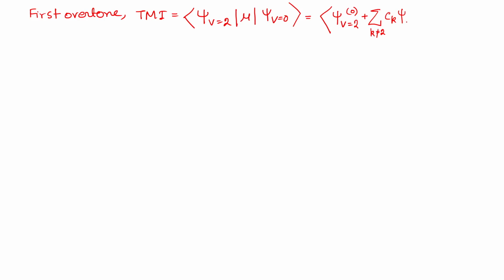Then the transition moment integral is ⟨ψ_v=2| μ |ψ_v=0⟩, where ψ_v=2 is the zeroth-order state plus the summation over k not equal to 2 of c_k ψ_v=k, and ψ_v=0 is the zeroth-order state plus the summation over i not equal to 0 of a_i ψ_v=i.